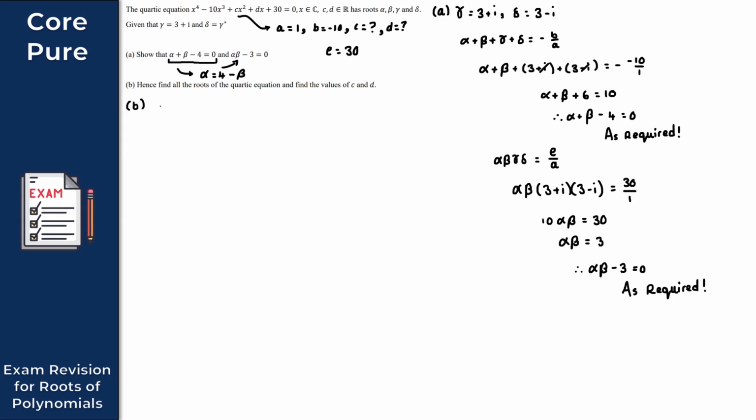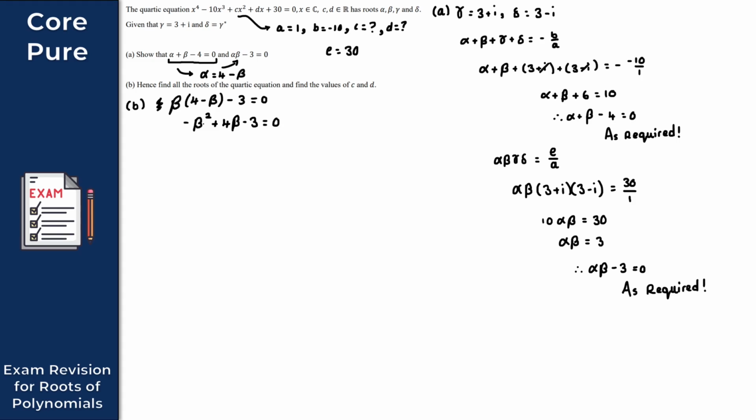So if I do that, we get, I'll do the beta on the outside actually, beta times 4 minus beta minus 3 is equal to 0. So let's just expand. I get 4 beta, and I also get minus beta times beta, so minus beta squared plus 4 beta minus 3 is equal to 0.